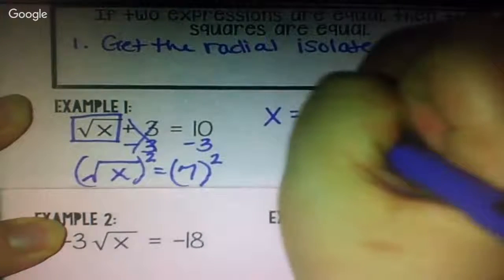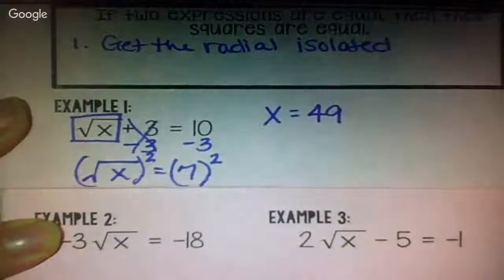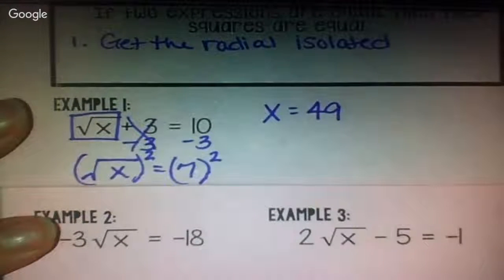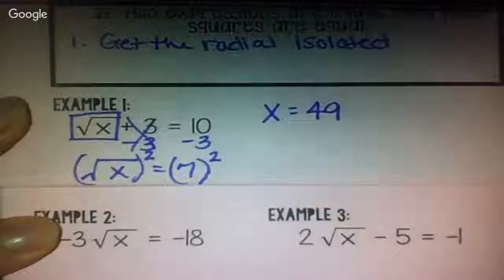So x equals 49. That's it. That's really complicated. So step 2 was square both sides. And I guess step 3, we can put get answer.